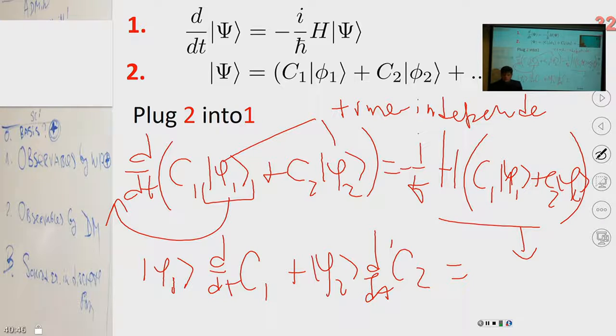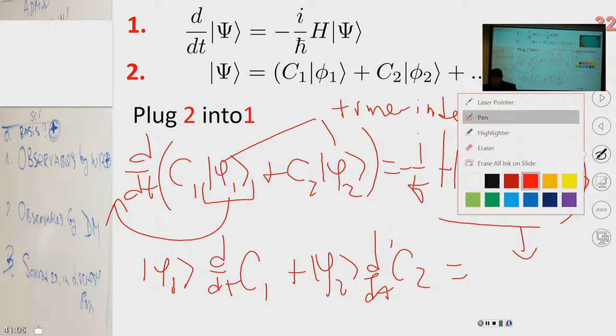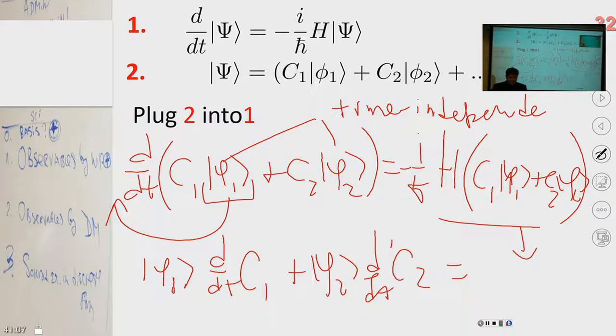But overall, this object is still a wave function because it has this wave function here and there. But we can apply a standard trick. We can use the orthonormality principle and multiply this expression by a basis function, a ket from the left. I know that I'm doing the wrong thing.